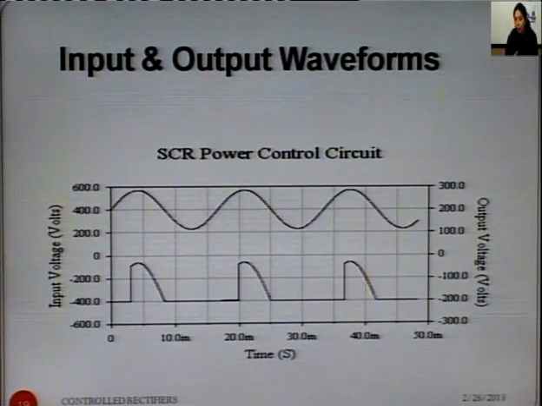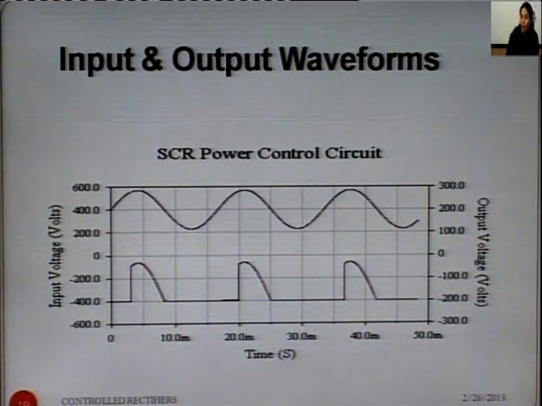But if we see the output waveform, from 0 to alpha your SCR is in off condition, but at alpha, which is the firing angle, your SCR turns on, and we get output from alpha to pi.